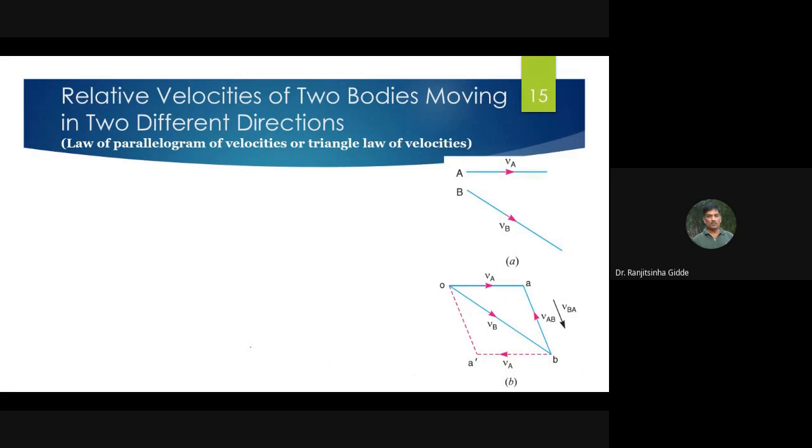Next, write down relative velocities. So these things are important while drawing the velocity polygon, velocity diagram and acceleration diagrams. Write down relative velocities of two bodies moving in two different directions.